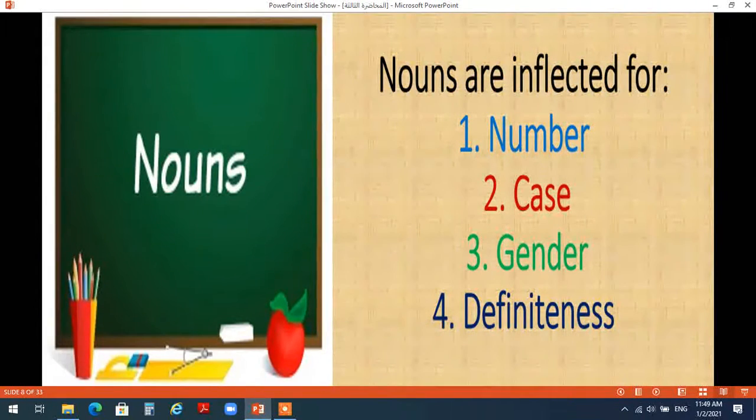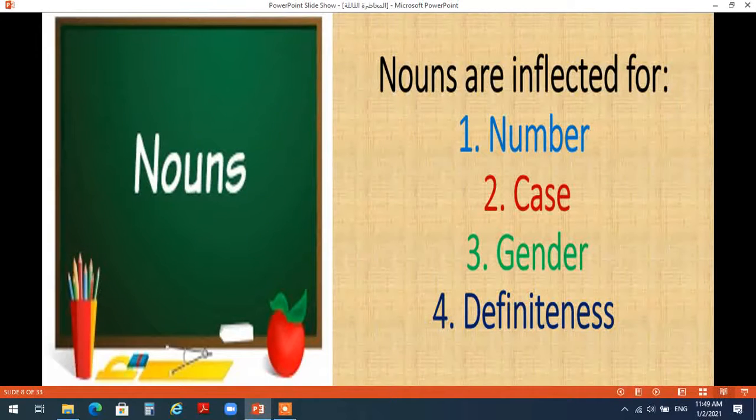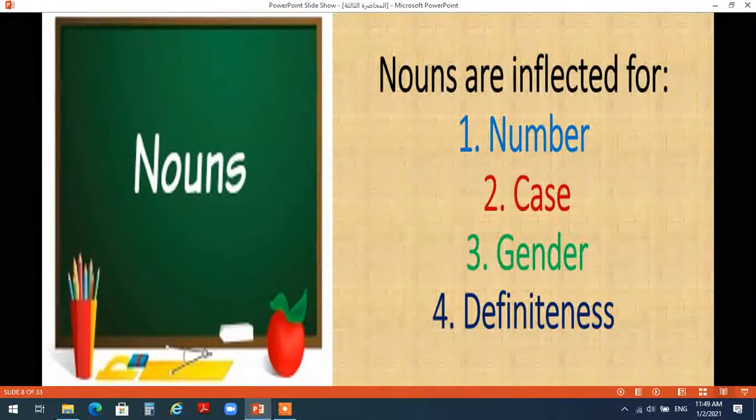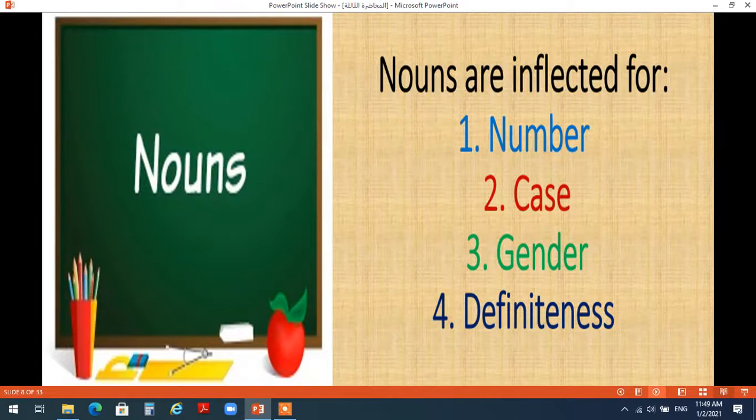It makes the noun inflected or gets some changes. راح تطرأ عليه تغييرات معينة.